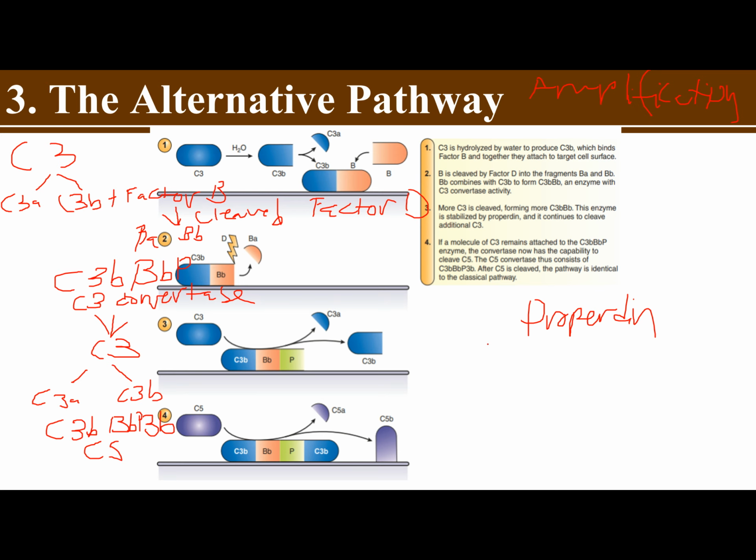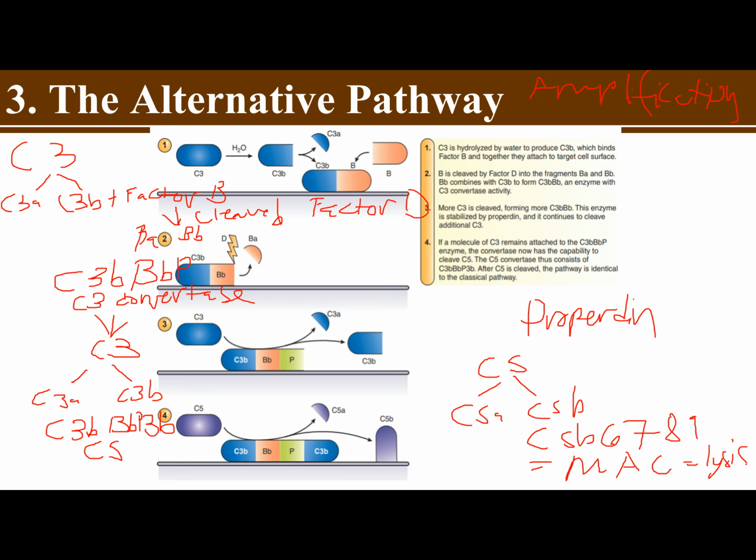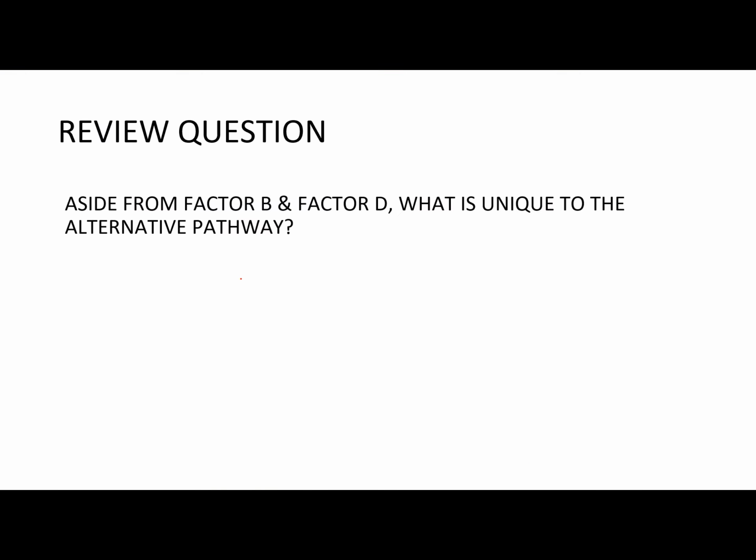Now the C5 convertase C3B, BBP, 3B would now act on C5, cleaving it into C5A and C5B, and C5B would again cause the attachment of 6, 7, 8, and 9, forming the MAC and leading now to the lysis. So para mas maintindihan nyo, for your better understanding, let's do this on a diagram.